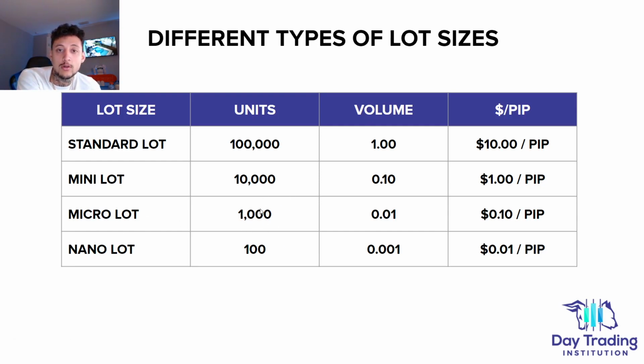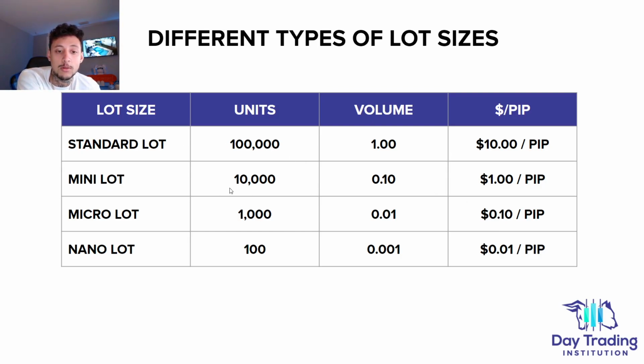When it comes to micro lots, you're buying 1,000 units worth of whatever currency you're looking at. When you place it in MetaTrader 4, it's going to be a 0.01 lot. A 0.01 lot translates to about 10 cents per pip. So if the market goes up 10 pips, you've made $1. Same thing with the mini lot.